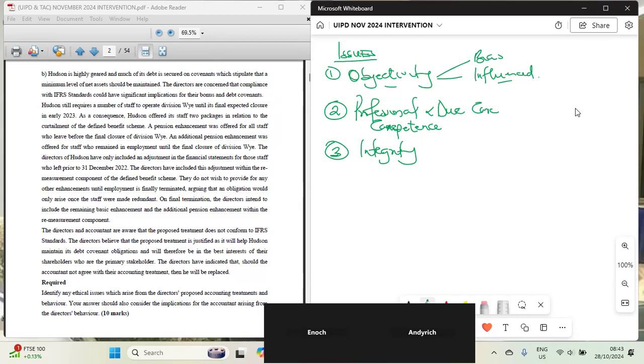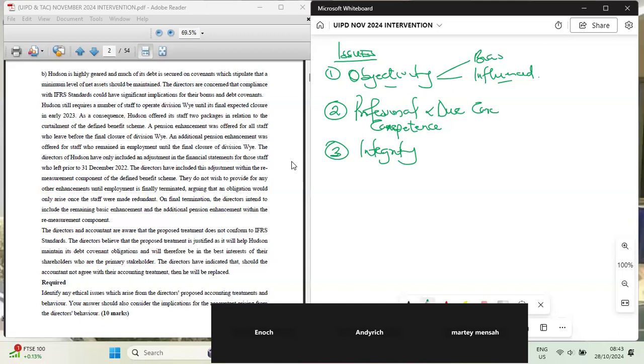Yes, sir. I think we can also talk of threat of confidentiality, because here the directors are trying to use the information for their personal benefit. Whose information? They are trying to mislead, and misleading is not confidentiality.